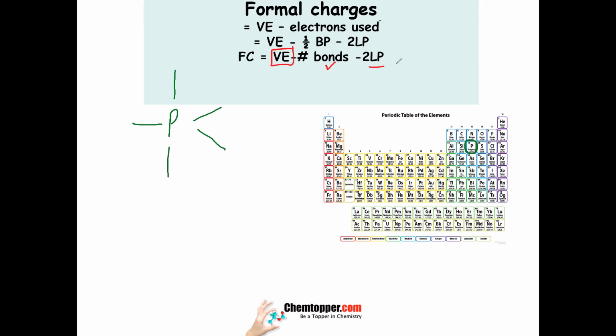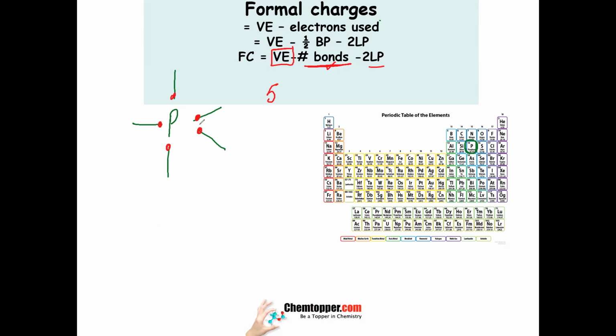Agreed? Now, if P has 5 valence electrons and if the Lewis dot structure is something like this, then how many valence electrons has P used here? How many? All 5 in making bonds.